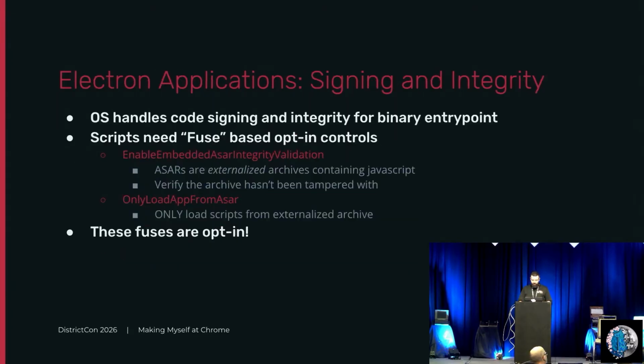So let's get into that a little more. After the OS verifies your binary and says, okay, you're good to load, let's talk about what Electron can do for you to make sure that your JavaScript, your application logic, hasn't been tampered with. You have a couple of things to turn on in the form of what are called fuses. They're basically just feature flags: enable embedded ASAR integrity validation, and only load app from ASAR.